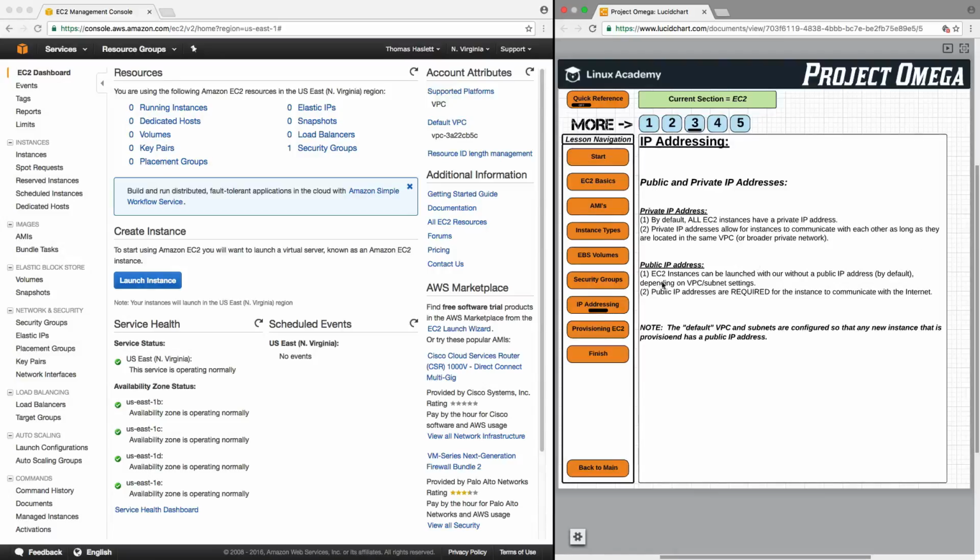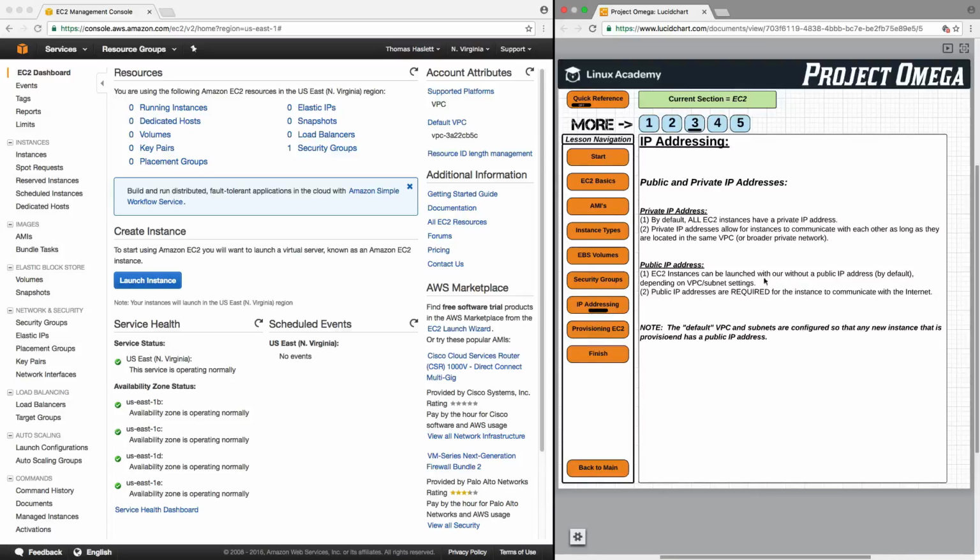For public IP addresses, EC2 instances can be launched with or without a public IP address by default, depending on the VPC subnet settings. Public IP addresses are required for the instance to communicate with the internet.